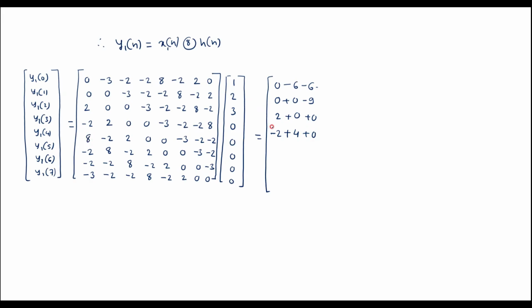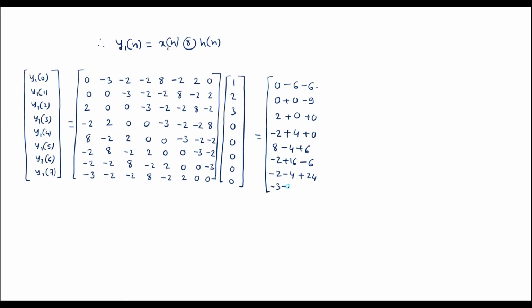Then 8 into 1 is 8, minus 4, 2 into 3 is 6. Then we have minus 2 into 1 is minus 2, plus 16, minus 6. Then we have minus 2 into 1 is minus 2, minus 2 into 2 is minus 4, 8 into 3 is plus 24. Then we have minus 3 into 1 is minus 3.